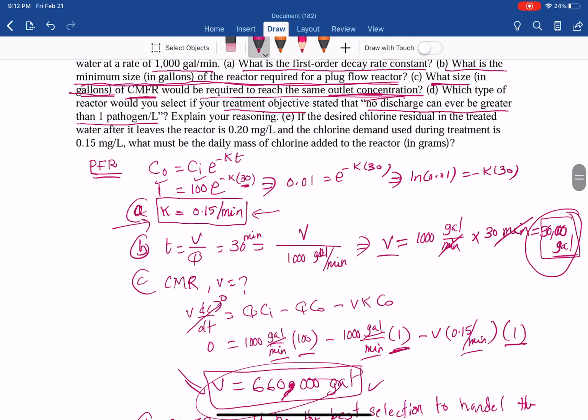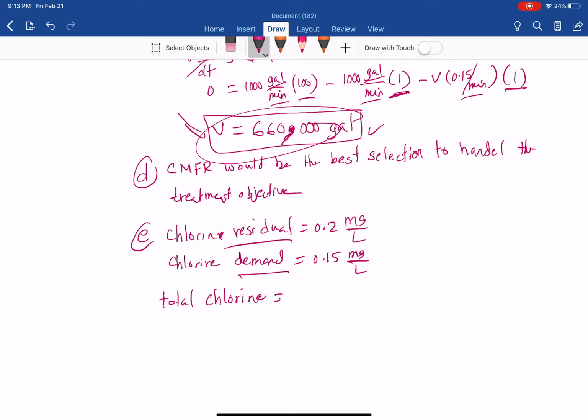So the total chlorine is both added together. Okay? So total chlorine that must be added to the system is demand plus residual. So it's 0.2 plus 0.15, and that is 0.35 milligram per liter. And now he wants in grams.